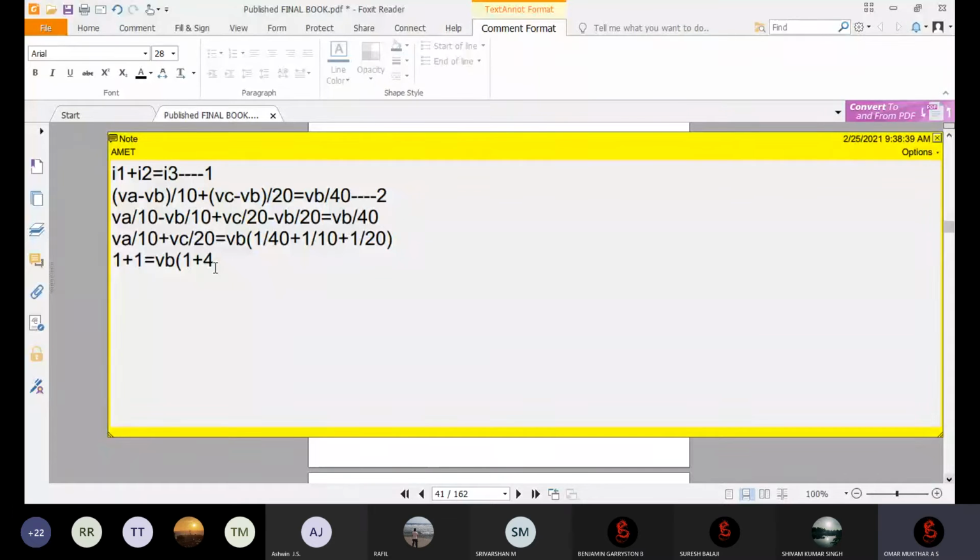Plus 4 plus 2, which gives 2 equals 7 by 40 into VB. So this is 80 divided by 7 equal to VB.